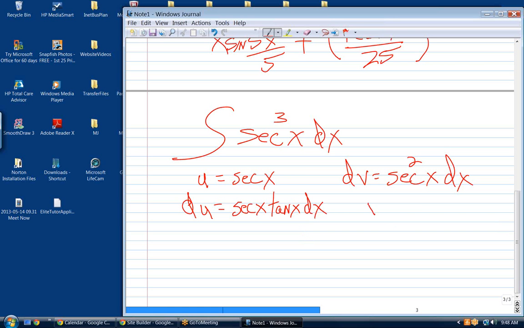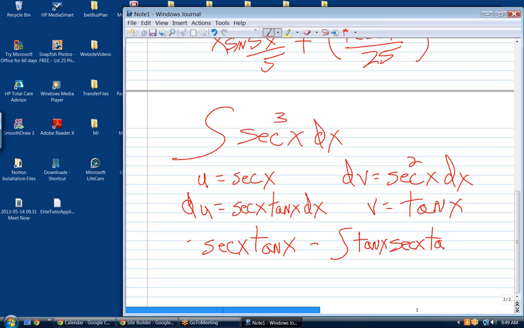Okay, and v is the integral of that, which is tan x. So now when we put it together, uv is secant x tan x minus the integral of tan x du, which is secant x tan x dx.